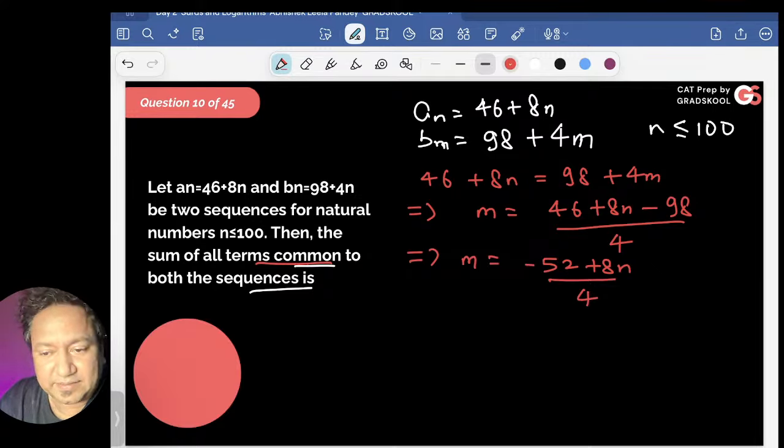Do you understand that, all of you? Is that clear? This is how we can find the value of m and n, right?